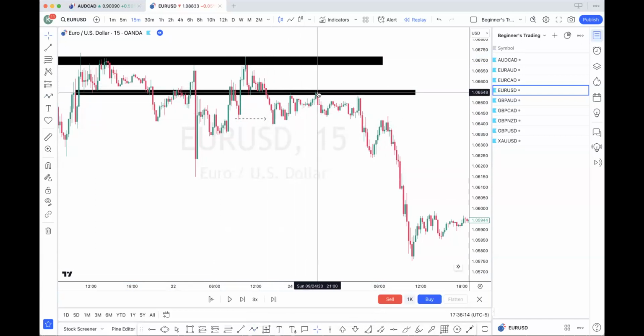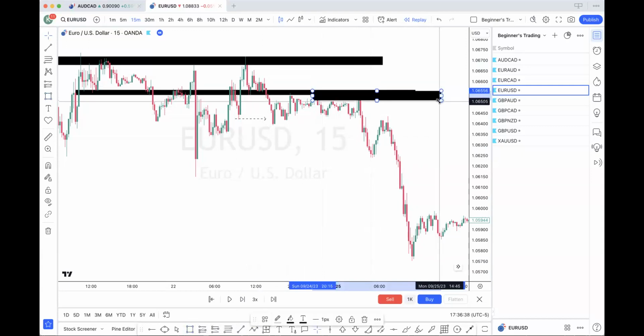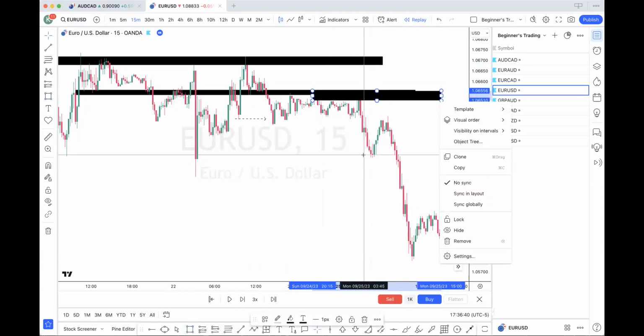So price pulled back here and gave a bearish order block. So you want price to show you exactly what it's going to do. So now that you have this order block, you could get in on, you can mark up your order block.